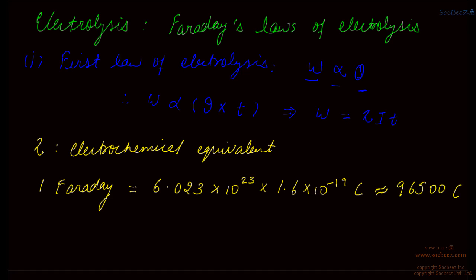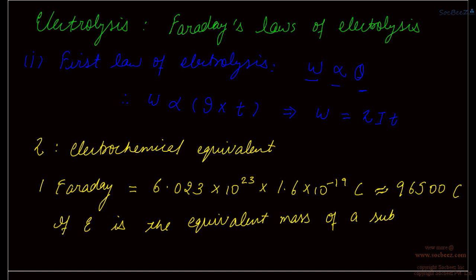Therefore, we can say that 1 Faraday is the quantity of charge which must be passed in order to deposit or dissolve 1 gram equivalent of any substance. Now, remember, if E is the equivalent mass of a substance, then E into Z equals 96500.